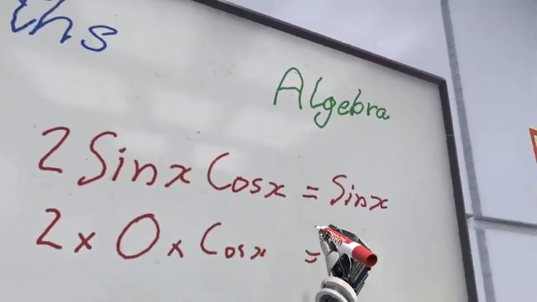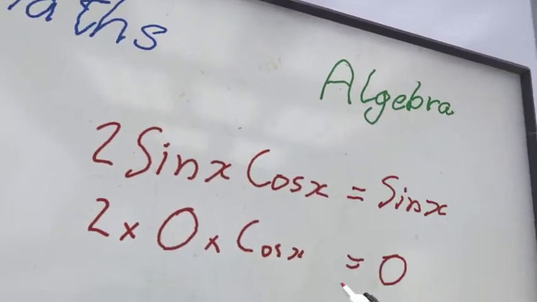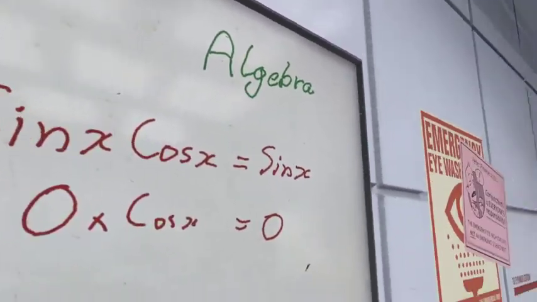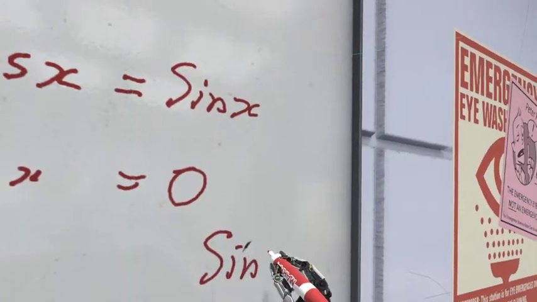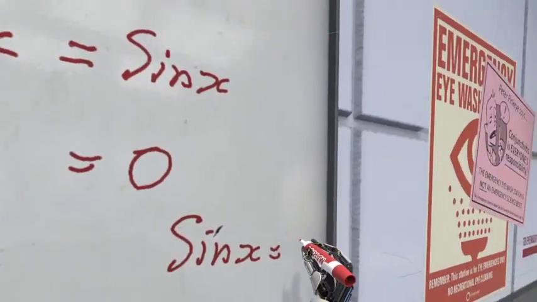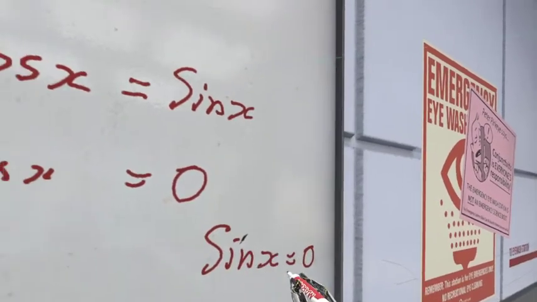So an initial answer for this, just looking at it in terms of algebra, is sin x must be 0. So that would be one answer that you can work through and then use your trigonometry to figure out what sin x is. So figure out what x is.